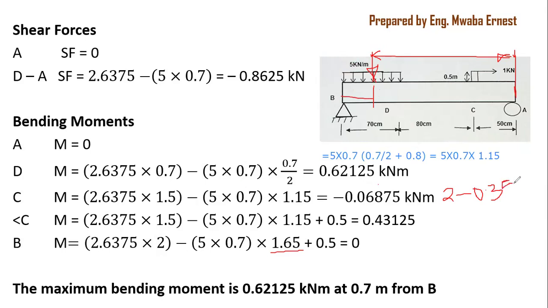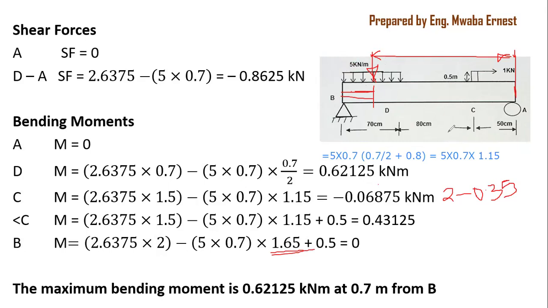Where is the 0.35 coming from? 0.35 is half of 0.7, describing where this is acting. So the distance from the middle to point B is 0.35. Since the whole distance from this end to that end is 2 meters, to get the distance we want here, we have to subtract this 0.35. That's how come we end up with the 1.65.